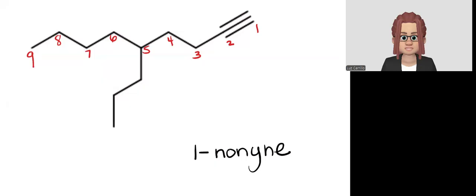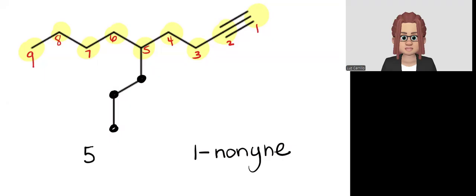Carbon number 1 is the first carbon in the triple bond. On carbon number 5, I have a substituent. Let me highlight my parent chain. Carbon number 1, 2, 3, 4, 5, 6, 7, 8, 9. So on carbon number 5, I have a substituent. Since it has 1, 2, 3 carbon atoms.